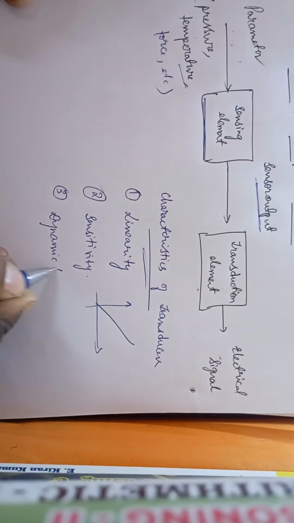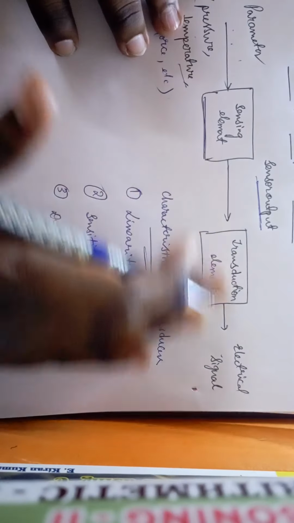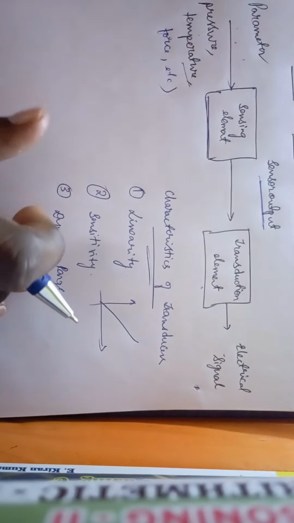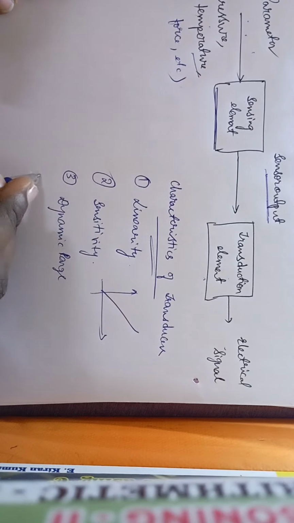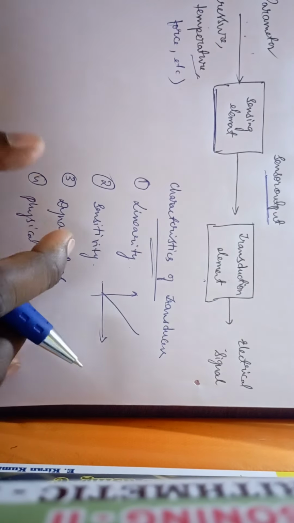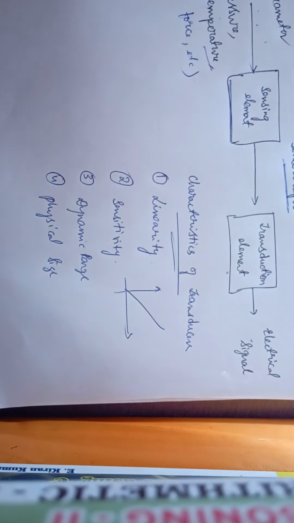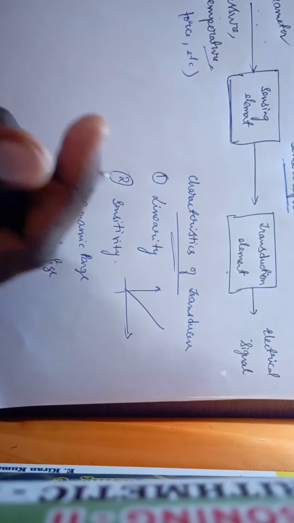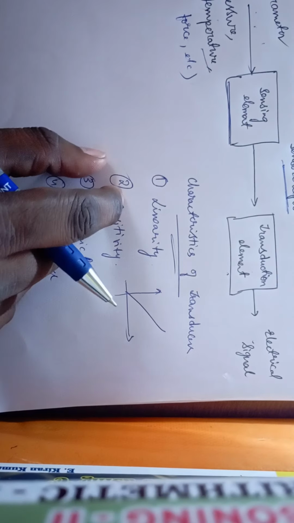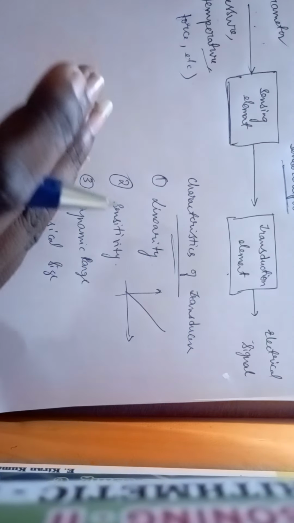Dynamic range means the operating range of the transducer must be wide, so that it can work in a wide range of applications and measurement conditions. That we call the dynamic range. Next will be your physical size. Definitely physical size is one of the parameters. The smaller the better for a transducer. The transducer has to have minimum size, minimum weight and minimum volume, so that it is not going to disturb the existing physical conditions.